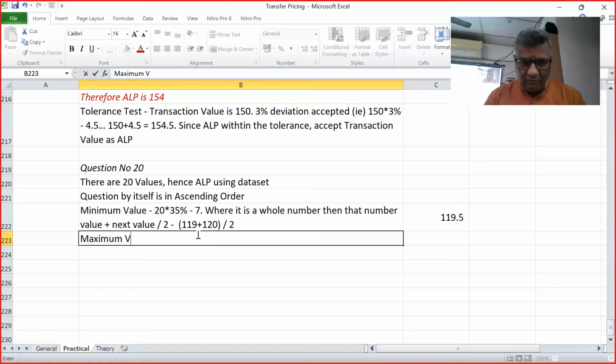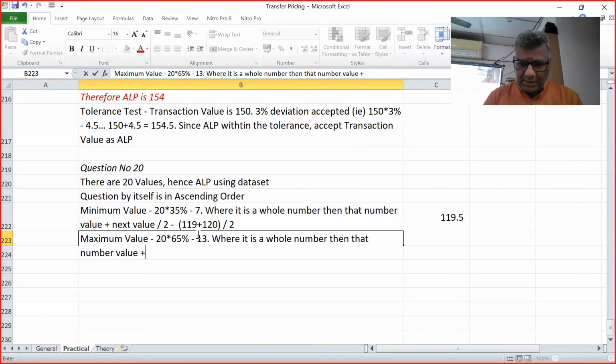Maximum value, 20 into 65%, 13. Where it is a whole number, then average of that number value plus next number.